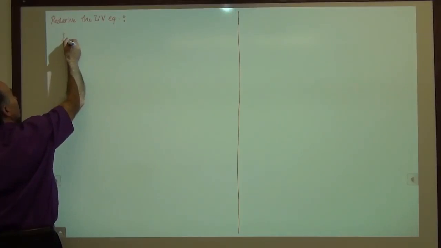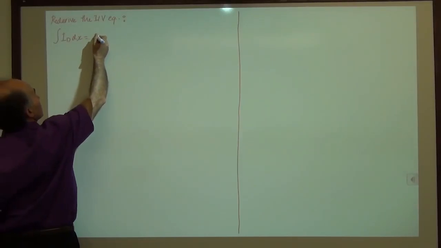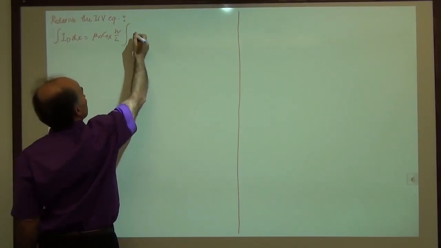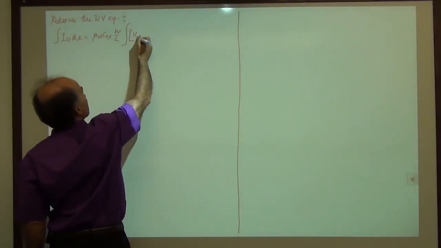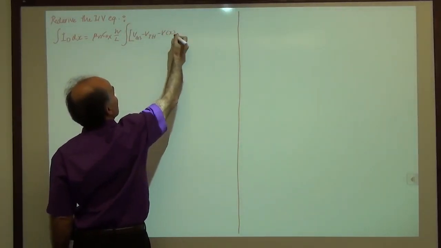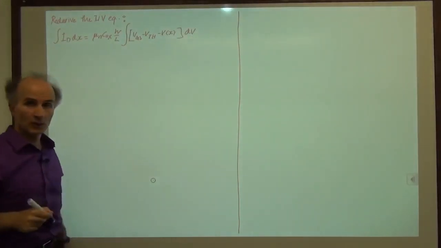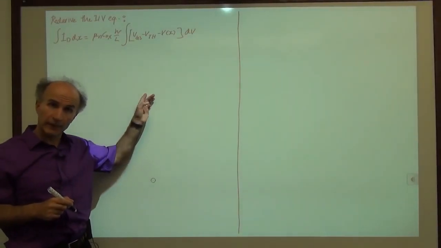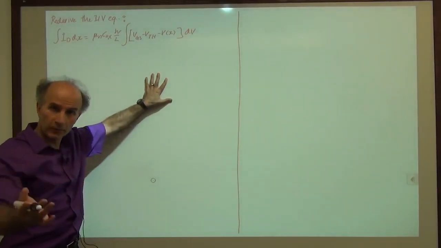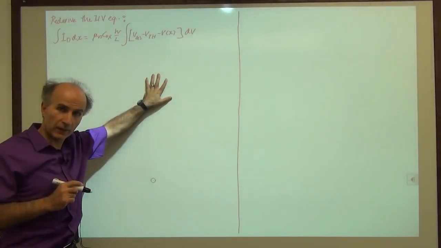We said the integral of ID dx is equal to mu n C ox W over L times the integral of VGS minus VTH minus V of x, which is the local voltage, times dV. That's the equation that we wrote last time, right? This equation is still valid. It's based on velocity of charge and mobility and electric field and all that. But there's one little change that has to happen here.